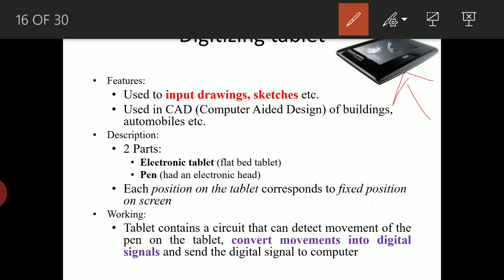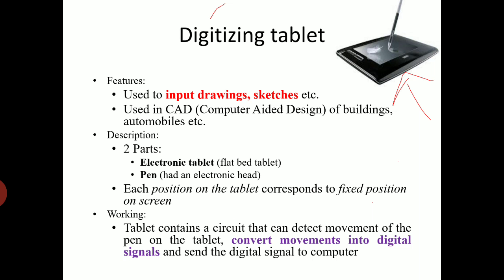It is mainly used in CAD, computer aided design. Then you can move this pen and draw various sketches. These movements will be converted into digital signals to the computer.